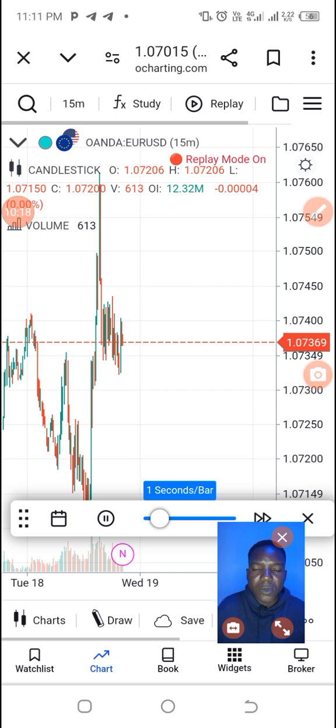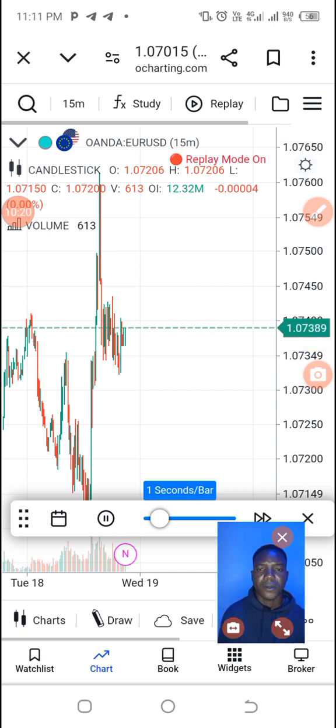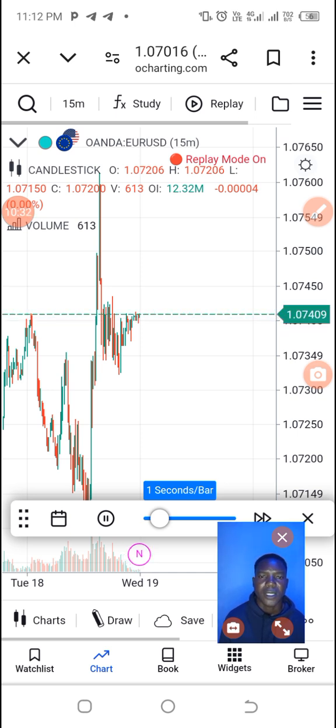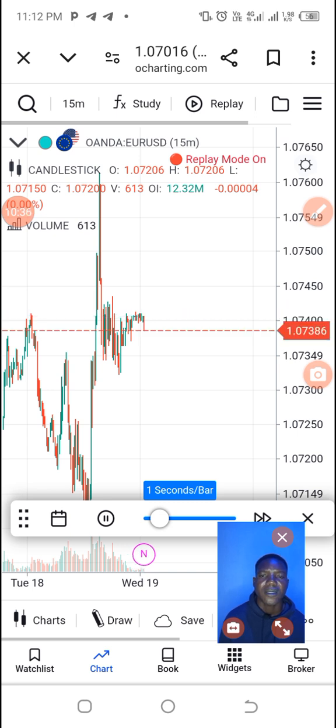That is on Monday. So I just wanted to watch to see what happened, and then it's moving into the Tuesday, still consolidating. Look at all those moves.